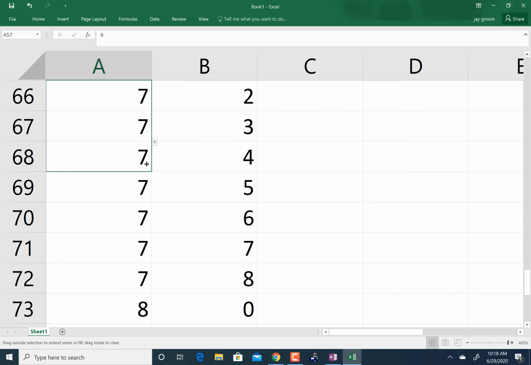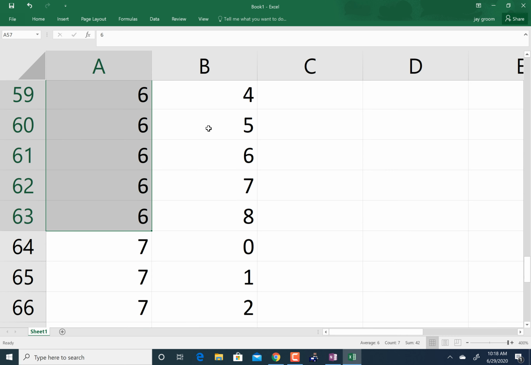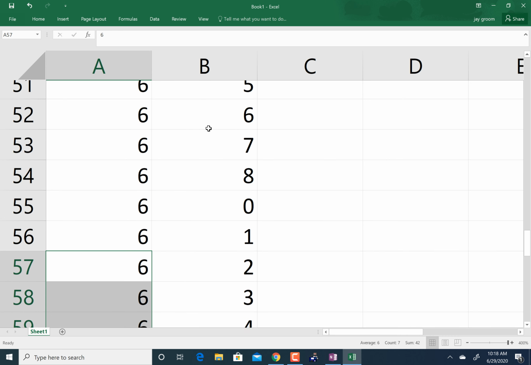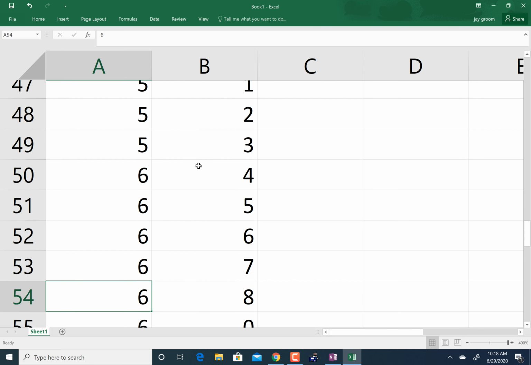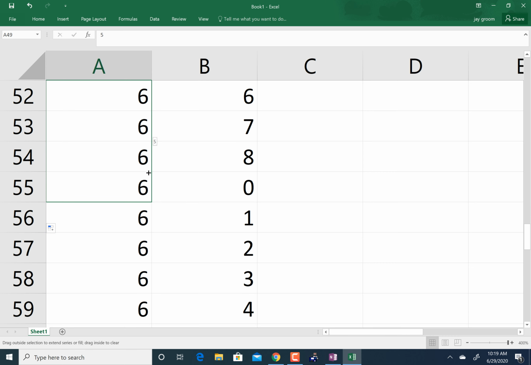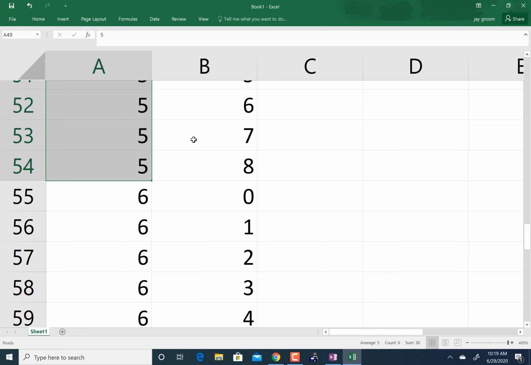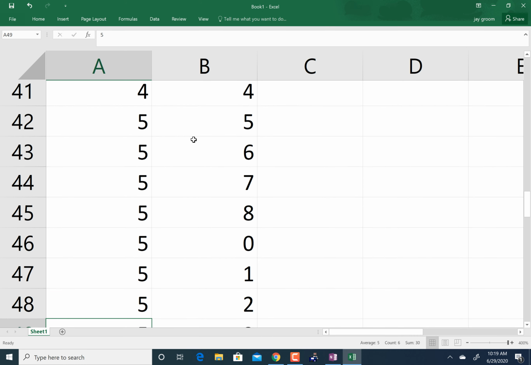Oh, darn it. Got it. All right. Where are the 4s?